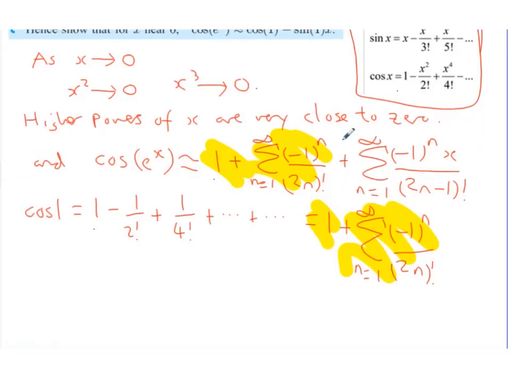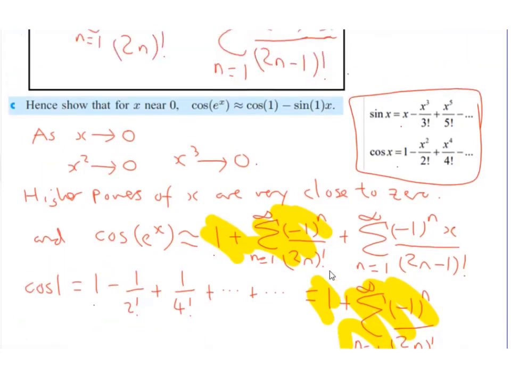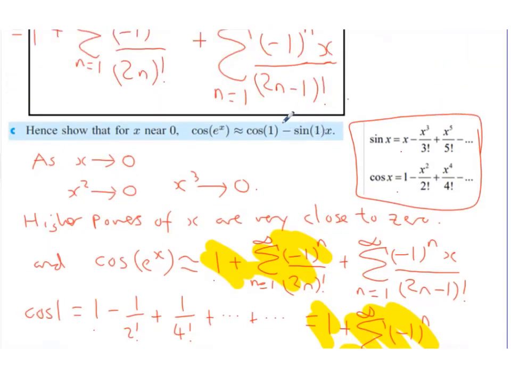So using exactly the same line of reasoning, sine 1 equals, just go straight to its Maclaurin series, 1 minus 1 cubed over 3 factorial. So that's 1 over 3 factorial plus 1 to the 5, which is 1 over 5 factorial, plus dot, dot, dot. Just being careful with the negative sign, we have been asked to show that this is cosine 1 minus sine 1 x.